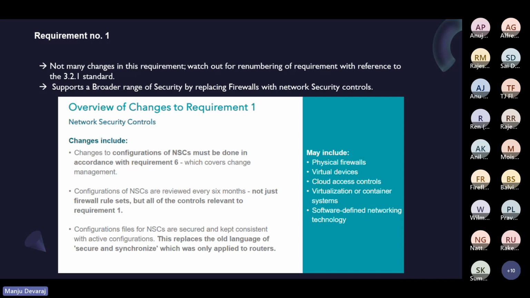Covered all this. Well, there's one more language terminology change. This replaces the old language of "secure and synchronized". I think that word itself was really misleading, because it doesn't say how the secure and synchronized might happen, or what the expectation around that is.